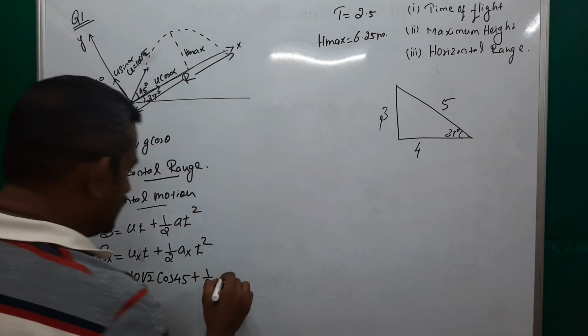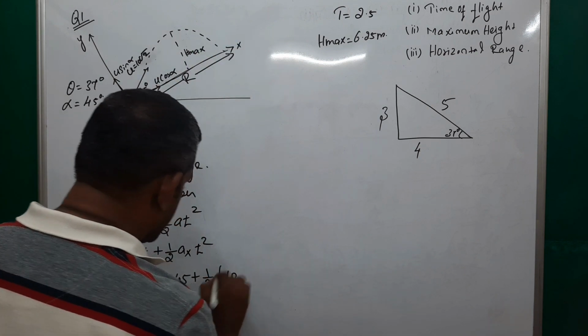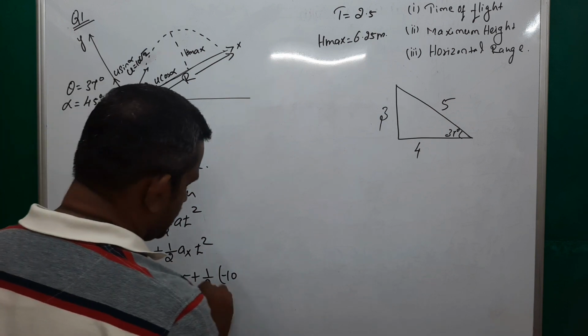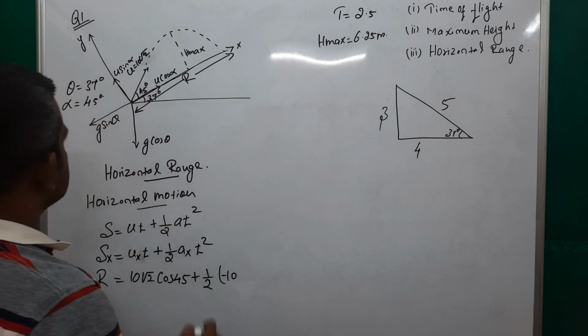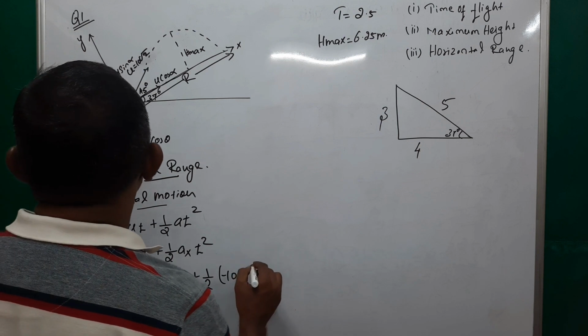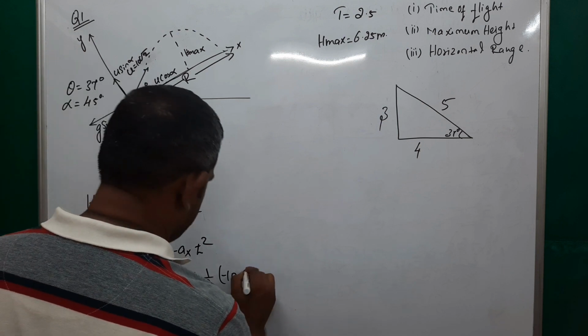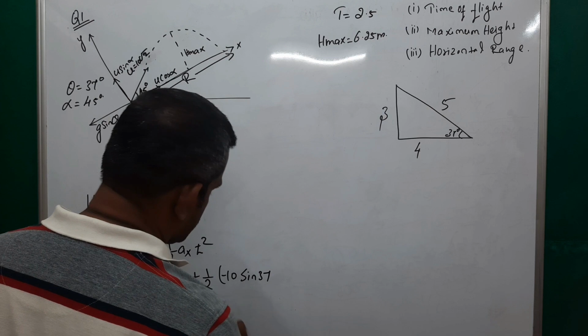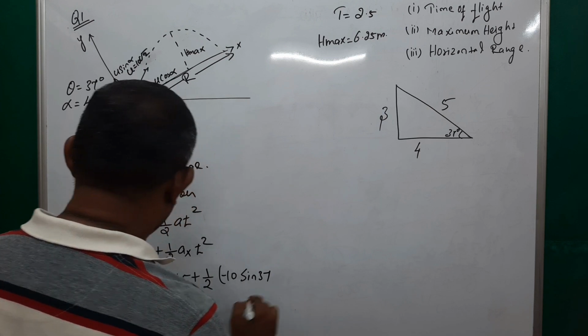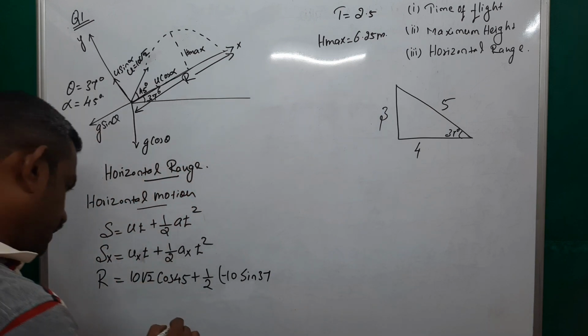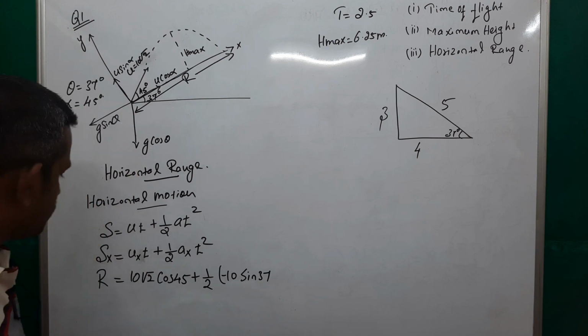So that is minus g, the value of g is 10, sin theta, that is sin 37. So here we have to put that in, and write it.